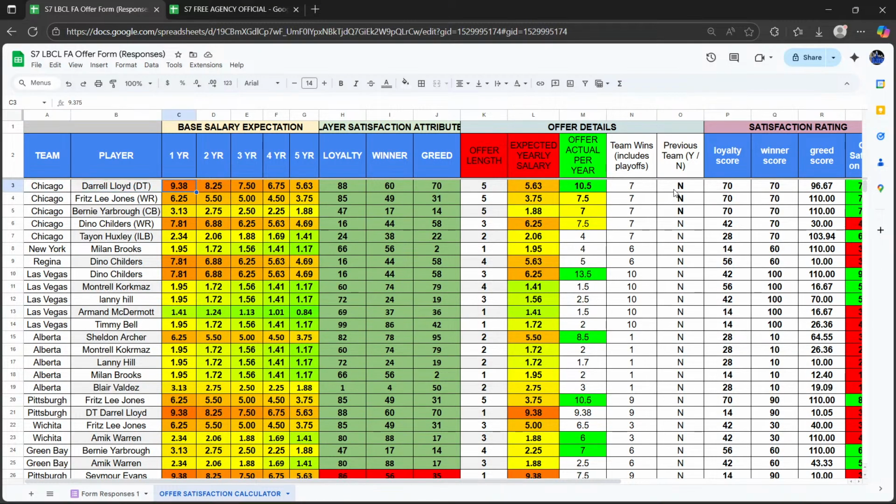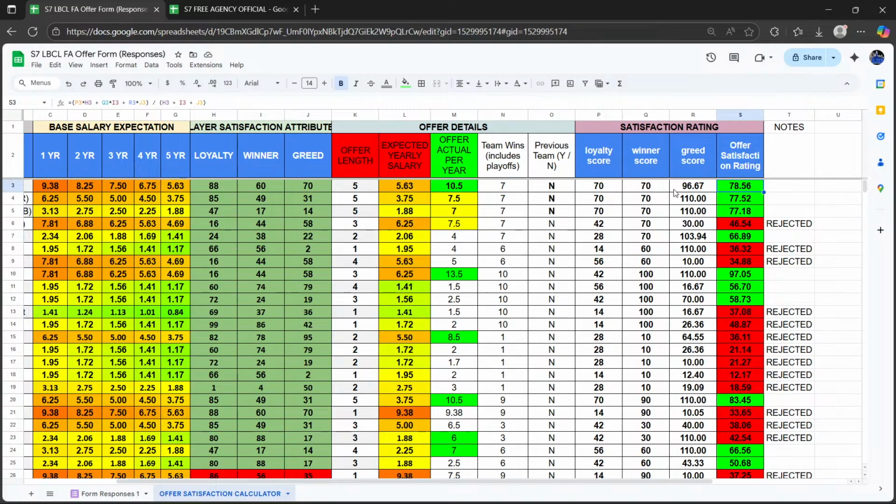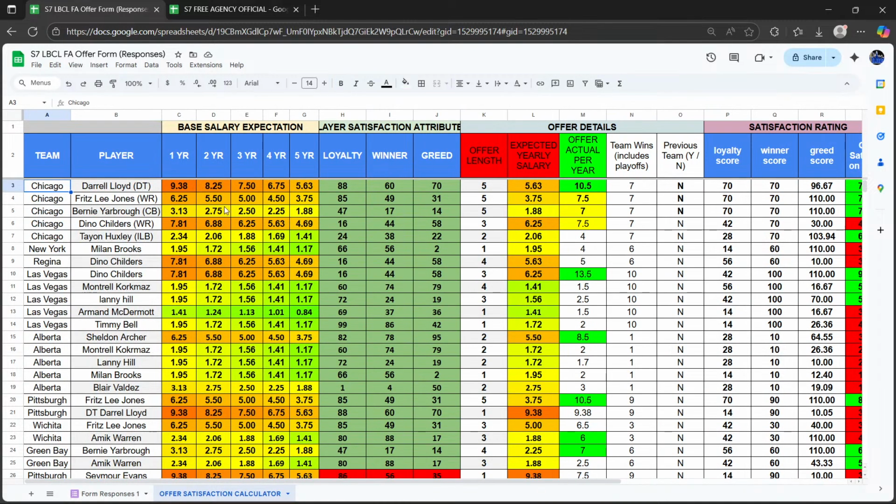First offer put in is Daryl Lloyd. Chicago offered a big old $10.5 million over 5 years to Mr. Lloyd, with an offer satisfaction rating of 78.56. What we need to do now is look at all the offers that Daryl Lloyd got. So we got one here.